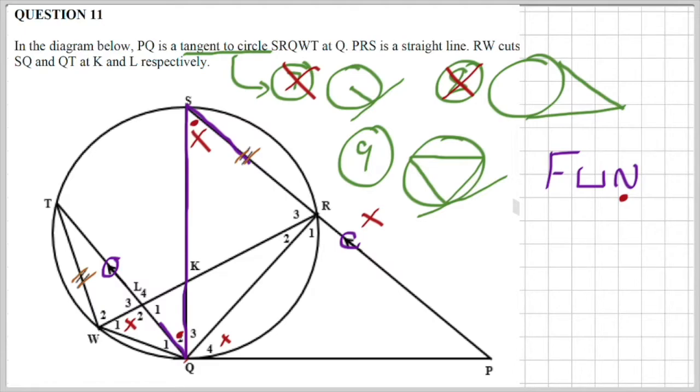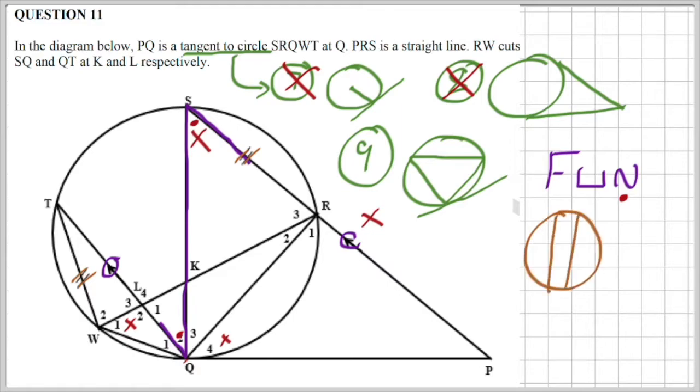Now here comes a very, very important theorem, because this theorem is most often looked over by all of my grade 11 and 12 students. What does it mean if TW is equal to SR?